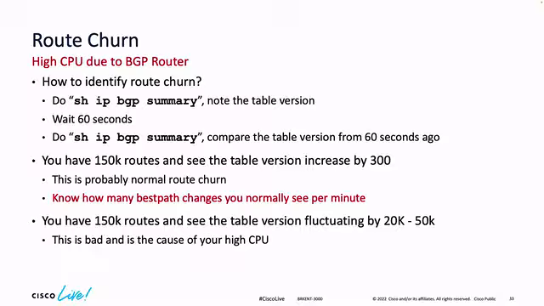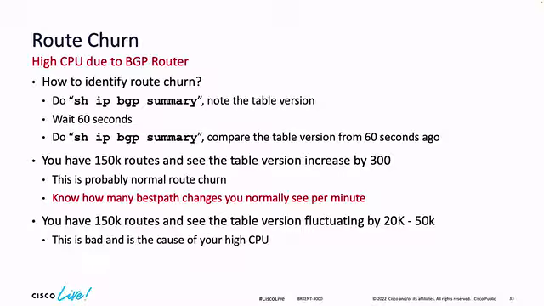But it's all relative. If I have 150,000 routes and my table version number just increased by 200-300, that's expected. In such a large-scale network with 150,000 routes, you expect networks will go up and down and updates will happen. This is something common.